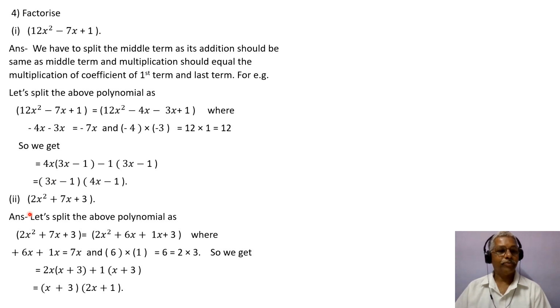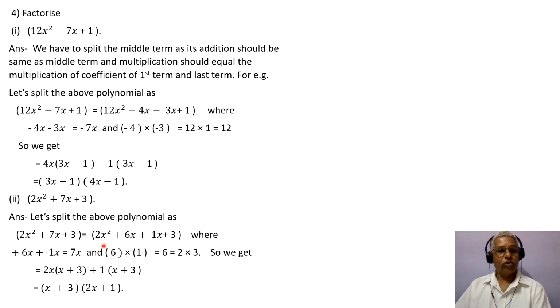Okay, very simple. Second one, 2x square plus 7x plus 3. So let us split the above polynomial, as this is a polynomial. I am splitting it as 2x square plus 6x plus 1x plus 3. Okay. So plus 6x plus 1x is 7x and 6 into 1 is 6, that is this 2 into 3.